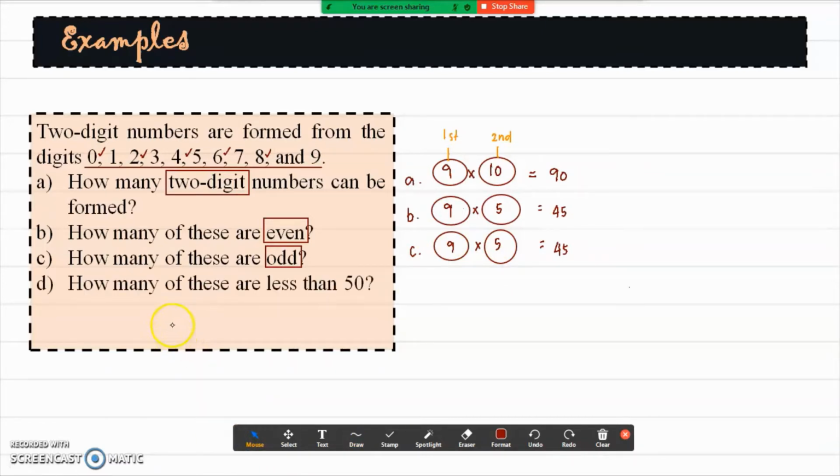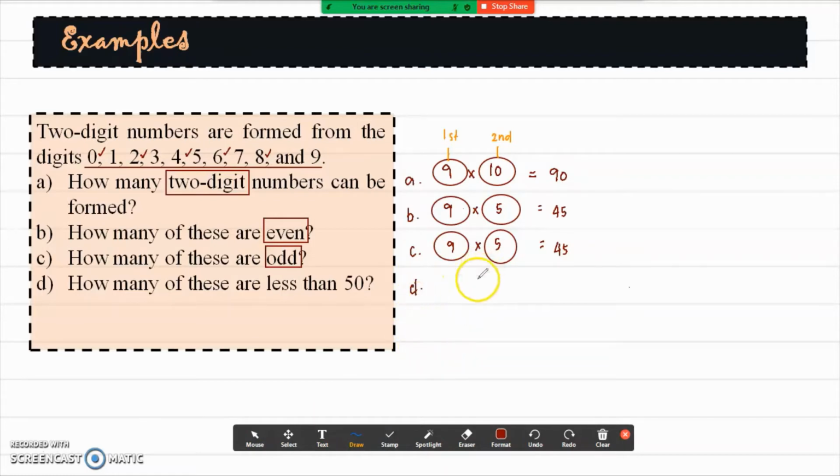Next, how many of these are less than 50? So how many of these numbers that we can possibly form out of the given digits are less than 50? So first, we'll still have to make use of our circles.